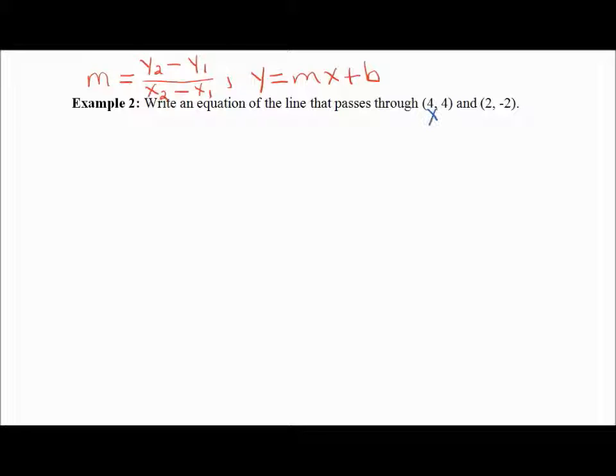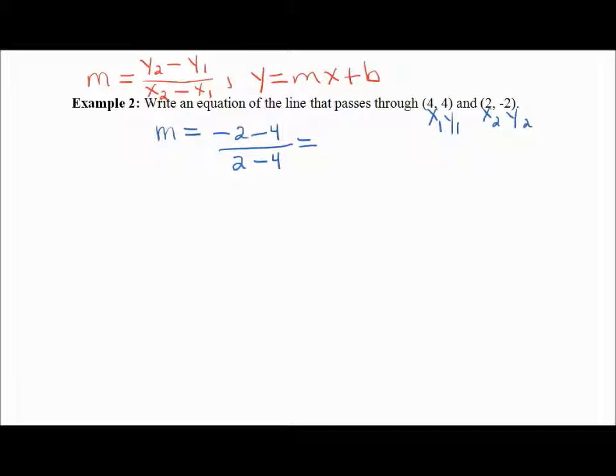I need to know what my x1 and my y1 and my x2 and my y2 are, okay? So when I arrange the points in my slope formula, it will become negative 2 minus 4 over 2 minus 4.